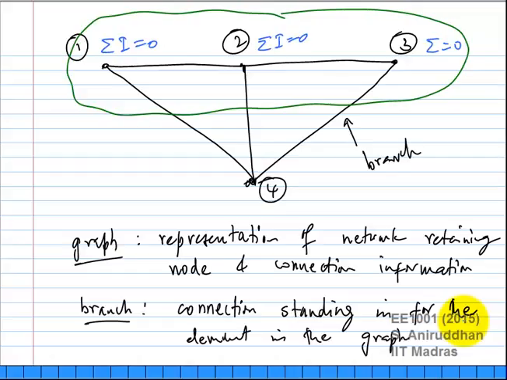So in fact, if I decide to exclude just one node and agglomerate all the other nodes in the network, however complex it may be, the sum of the currents leaving that agglomeration should also be 0.